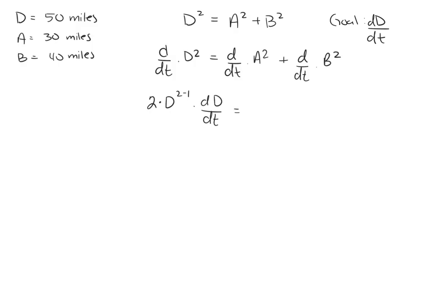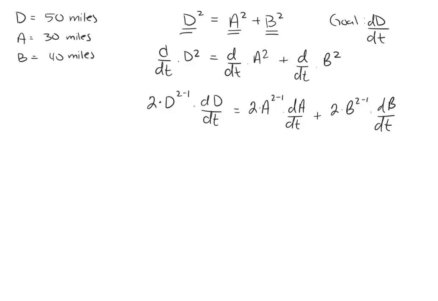On the right-hand side, we're doing the same thing. 2 times A to the 2 minus 1 times the derivative of A with respect to time, plus 2 times B to the 2 minus 1 times the derivative of B with respect to time, okay? So again, we're using this notation dA/dt to show that each of these, when I take the derivative with respect to time, represents the speed of each of those variables.